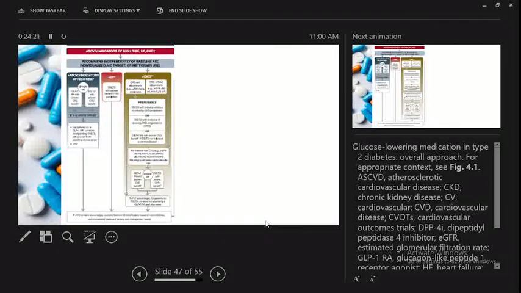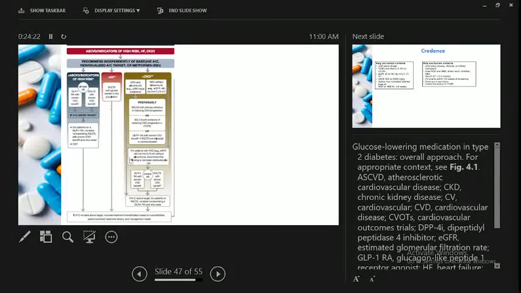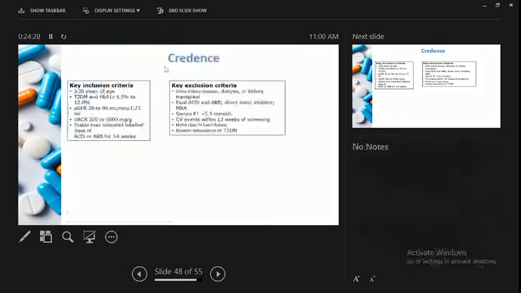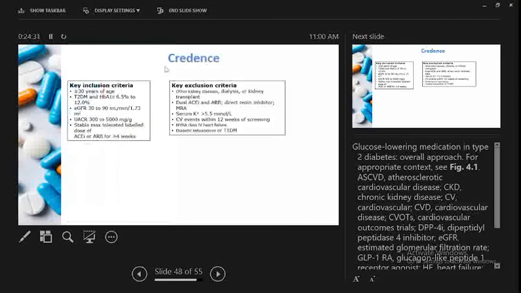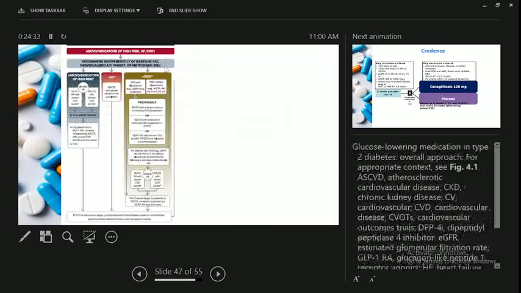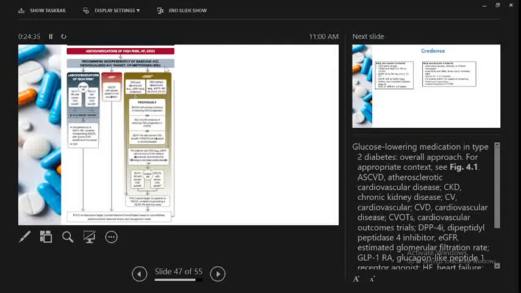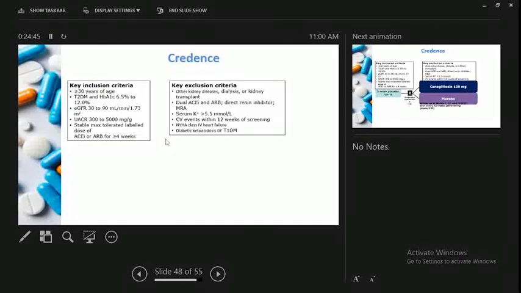Going back to the guideline, if you can remember, for those who have CKD, you have to go ahead with drugs which have a proven benefit in patients with CKD, that is, either SGLT2 inhibitors or GLP-1 receptor agonists.